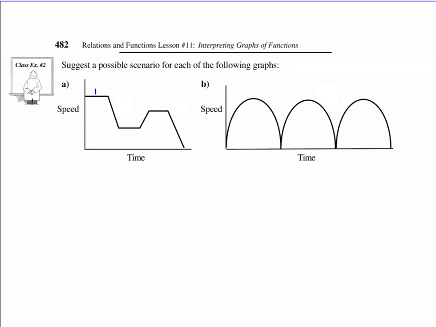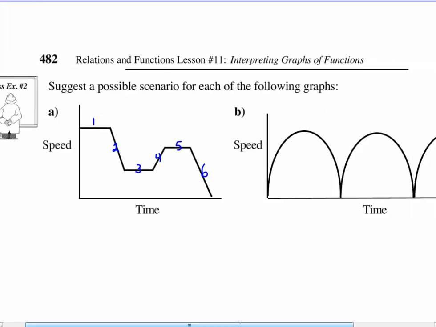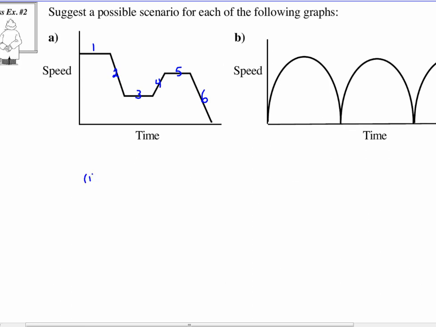So 1, 2, 3, 4, 5, and 6. I'll zoom in a bit. Okay. So we're going to break it up. So what's going on, we can keep it simple. We don't have to go into like a huge story, but what's happening with the speed over the time there? In 1, the car is traveling at a constant speed, right?